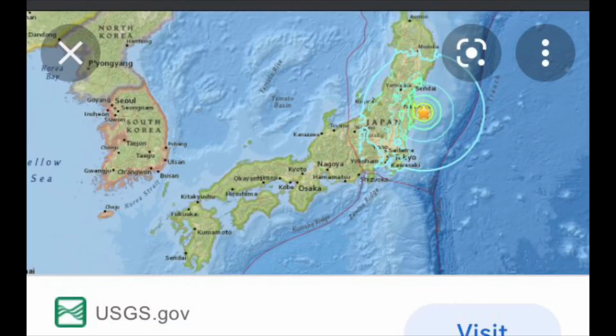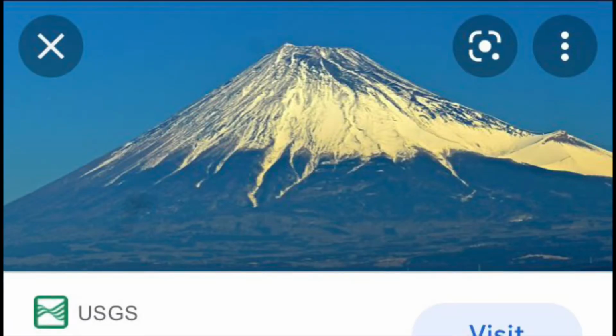The islands of Japan are an excellent present-day example of a volcanic island chain. And Mount Fuji, which is part of this volcanic island chain, is a stratovolcano that's not active right now but could erupt at any time.